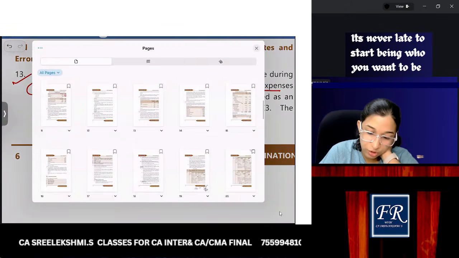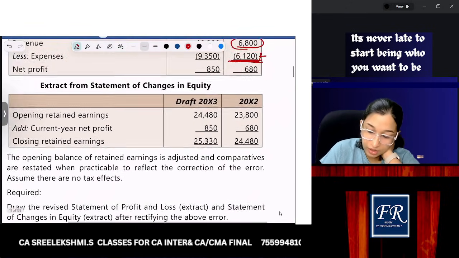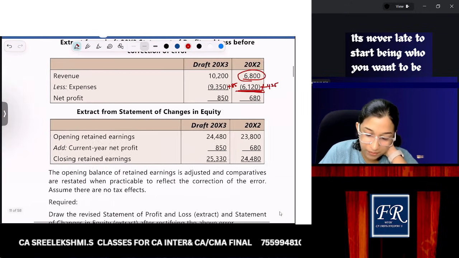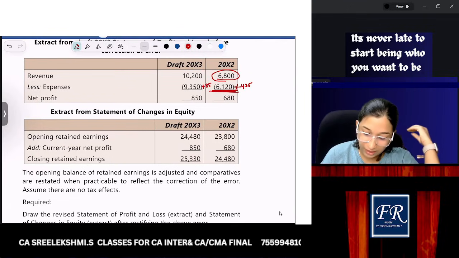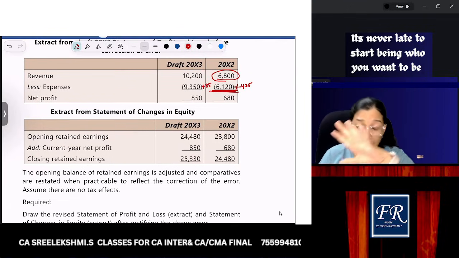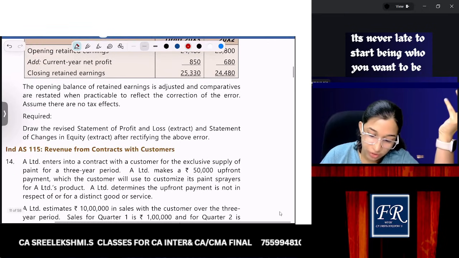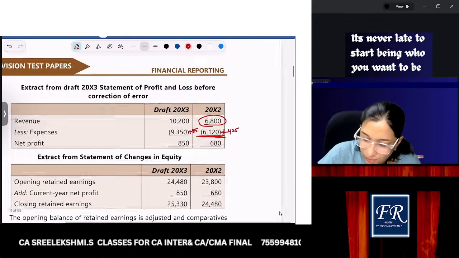And in 2013, expense should have been 9350 plus 85. Statement of changes in equity is given. Opening balance of retained earnings is adjusted and comparatives are restated when practicable to reflect the correction of the error. Assume there are no tax effects. Draw the revised statement of P&L extract and changes in equity after rectifying the above error. Okay, easy, that we'll do.